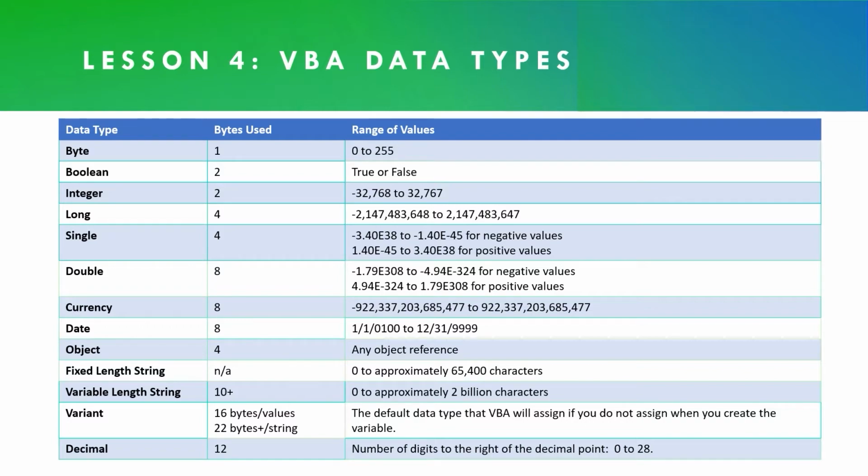So if you declare a variable and you don't assign it a data type, it will automatically assign it the variant data type. Look how many bytes that's using. If it's a value, it's going to use 16 bytes. And if it's a string, it's going to use 22 plus bytes. So you want to be careful and really try your hardest to assign data types when you're declaring variables.